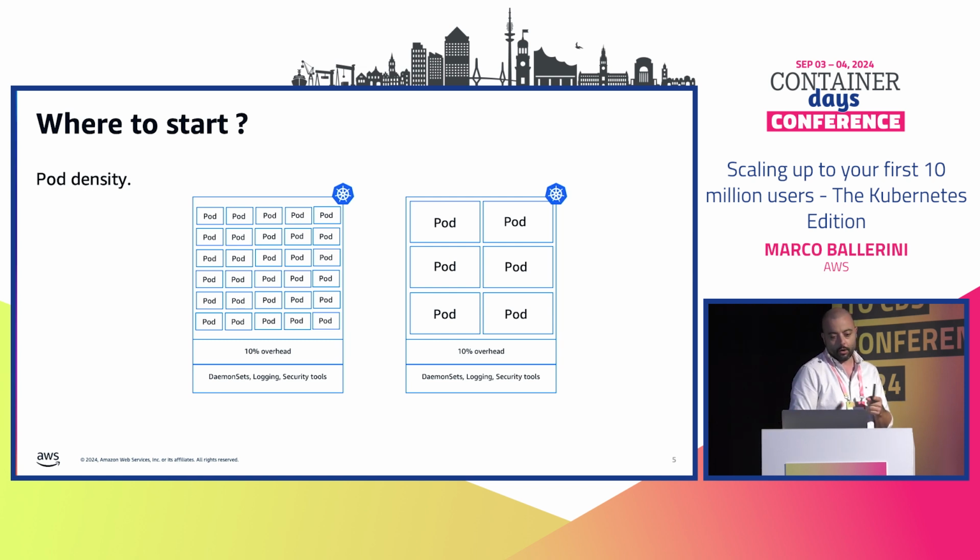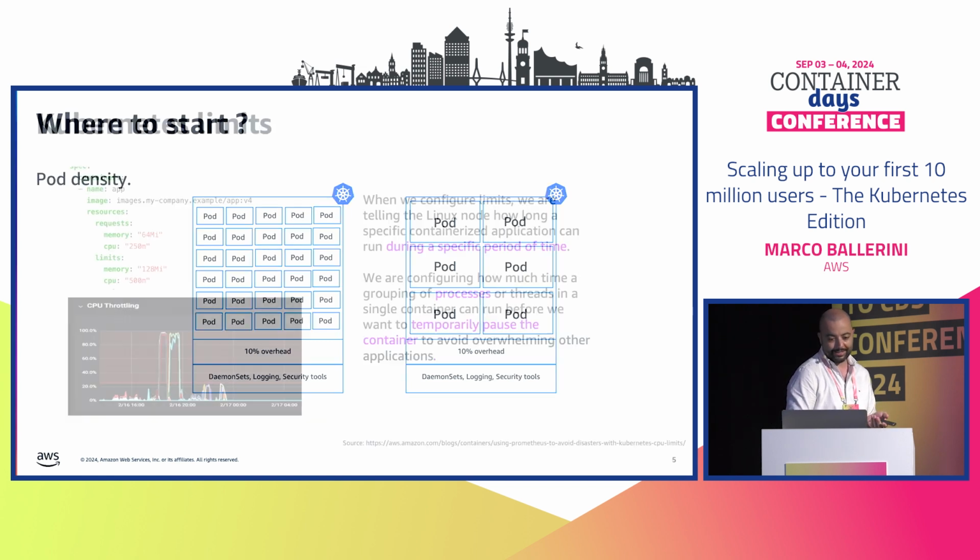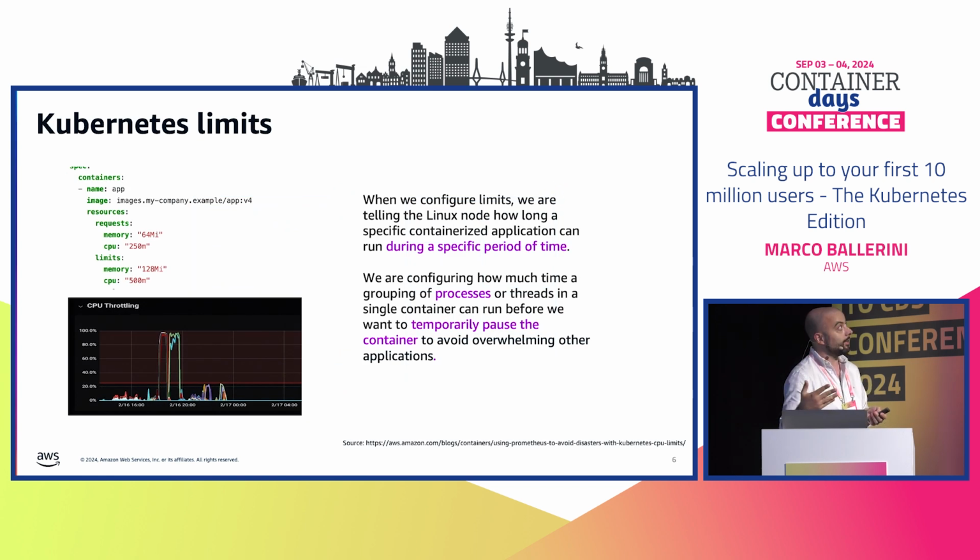Bear in mind that 100% utilization of nodes is impossible. You have daemon sets running, logging agents, security tools, and a number of things. And also you should have a little bit of overhead. But still, you should shoot for something that gives you a good utilization of nodes. And of course, how can I influence this with Kubernetes limits?